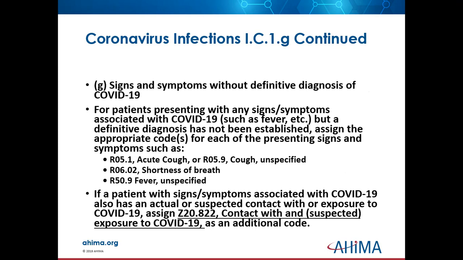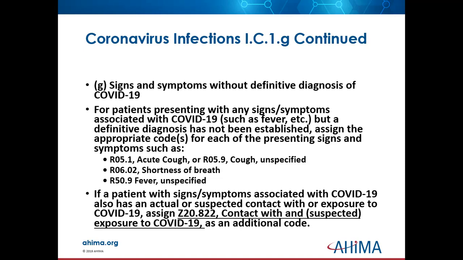Stay tuned. Signs and symptoms without a definitive diagnosis. So sometimes we'll have patients that present with signs and symptoms associated with COVID-19, such as a fever, but we can't establish a definitive diagnosis.